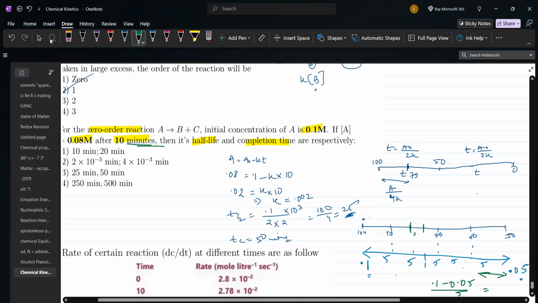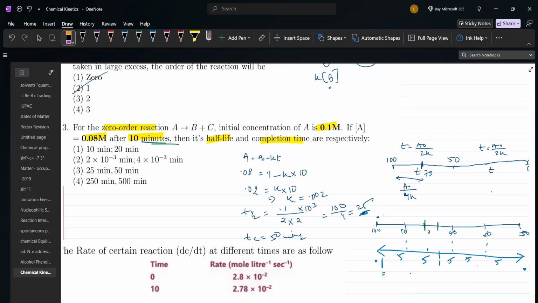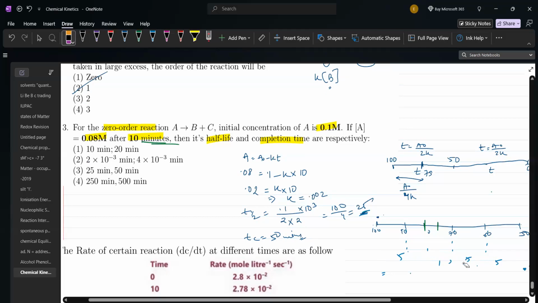Don't do this, just use the formula and you can get the answer. Don't go through this way, because in boards you have to solve the equation. You cannot directly write these things and get the answer. You have to use the formula and then proceed with the answer.